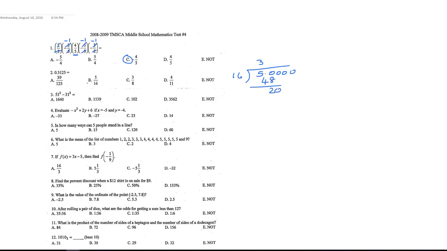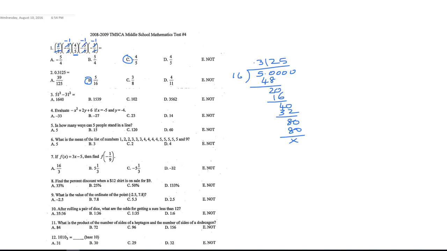Remainder is 2. 1 times is 16. 42 is 32. 8, 0, 5 is 80, and the remainder is 0, and then we'll have a decimal over here. So it looks like 5/16 is the correct answer.